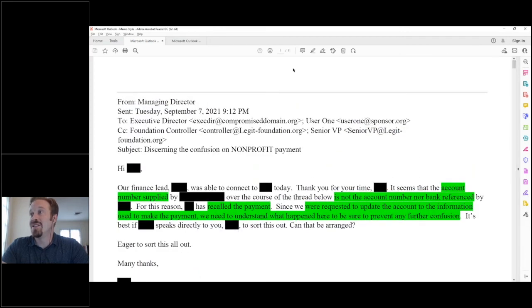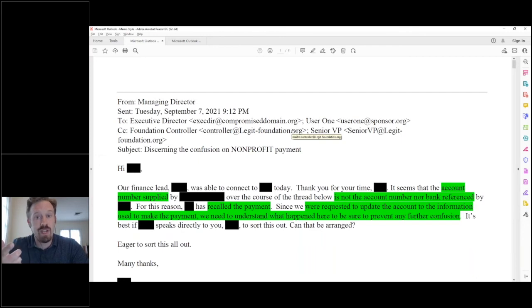And then finally, we can see from the managing director at the foundation that it ran into some of their financial controls, saying, hey, this is a fraudulent account that was provided. We have recalled the payment, and they were basically suspended at that time, and the ruse was up. But you can see that there was a long conversation. There was an email provided for the accounts payable person.